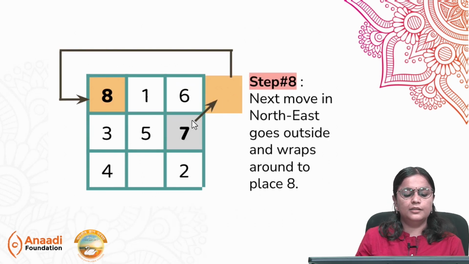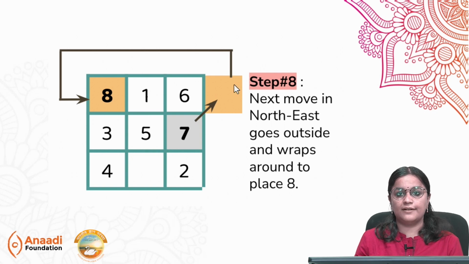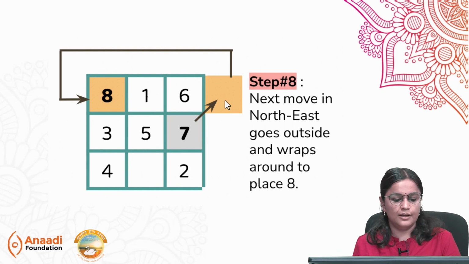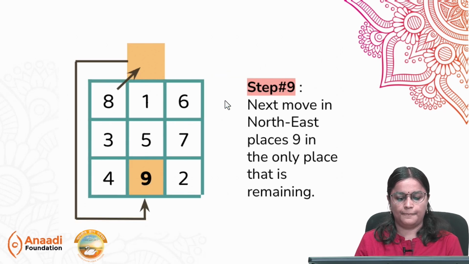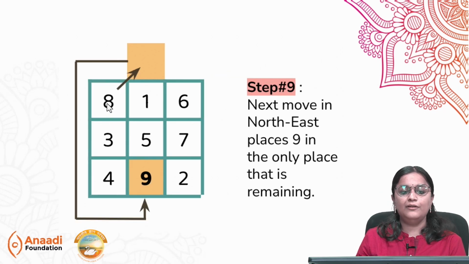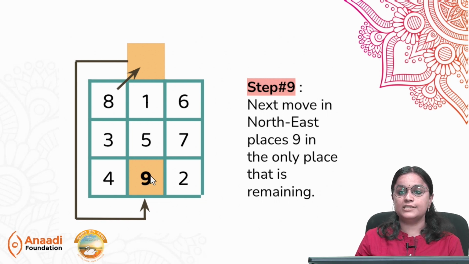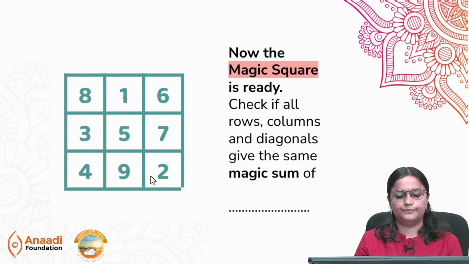Repeating our step, the northeast direction from 7 again takes us out of the grid. Let's wrap it around and bring it to the other side, which is where we get 8. Finally, from 8, when we go towards the northeast, we are out of the grid and therefore we wrap it around and bring 9, which is the only last remaining place for this magic square.